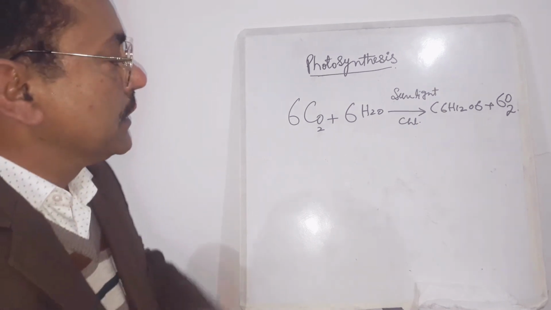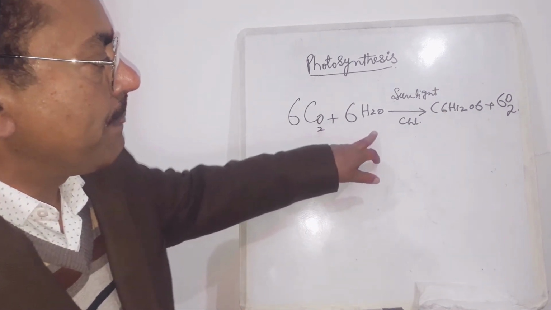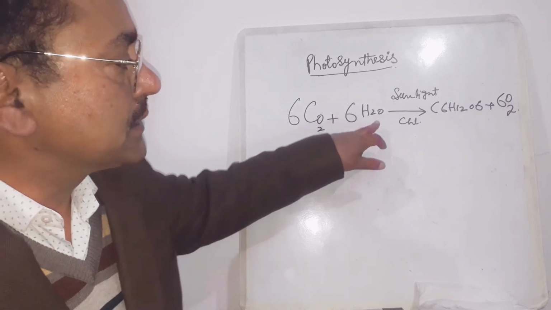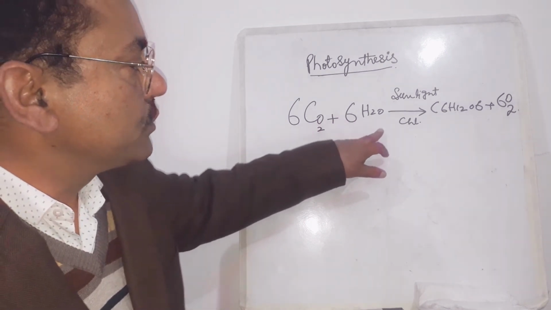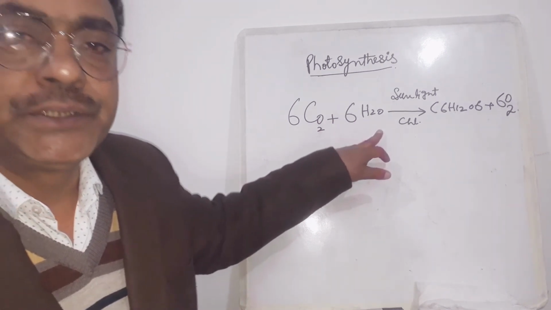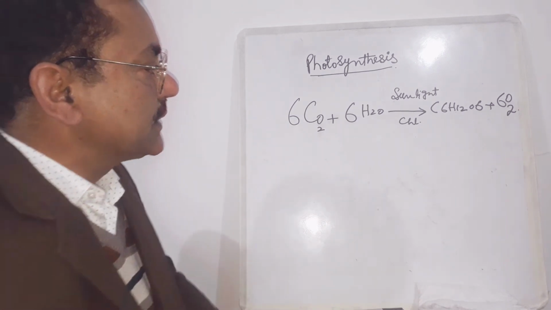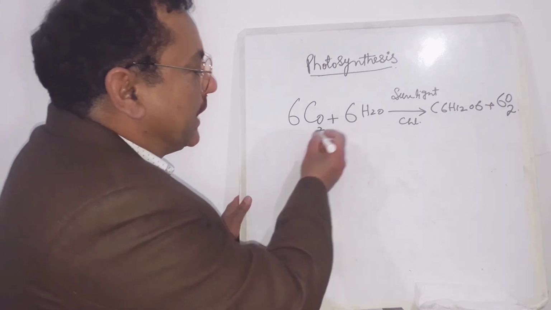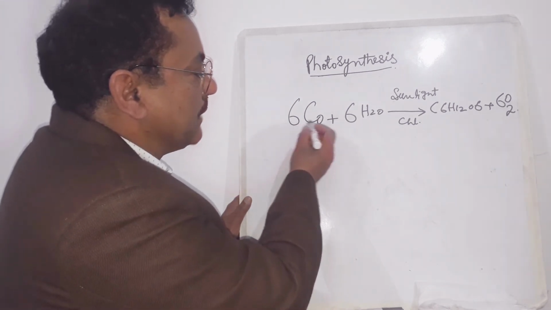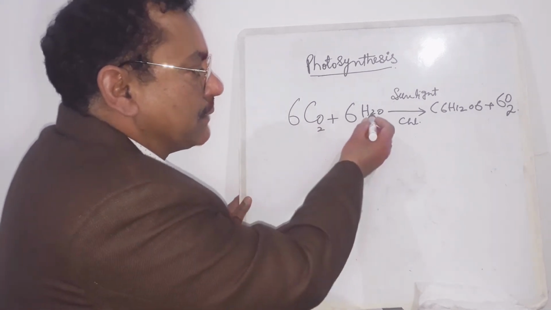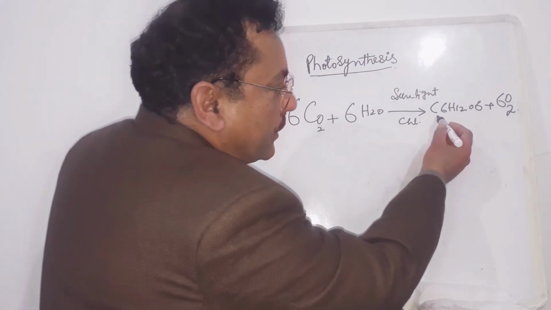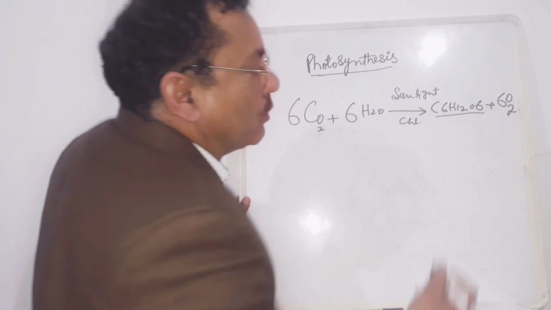But this model is very much confusing and it has put confusions into the minds of plant physiologists. This is because when we take this model, here we have 6 times CO2 and 6 times H2O for manufacturing C6H12O6.